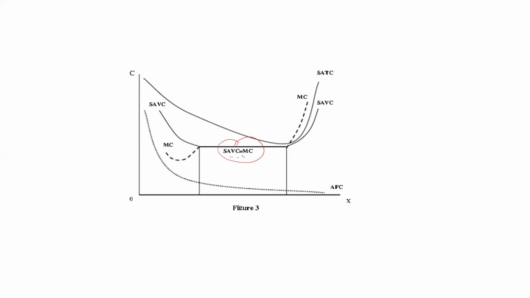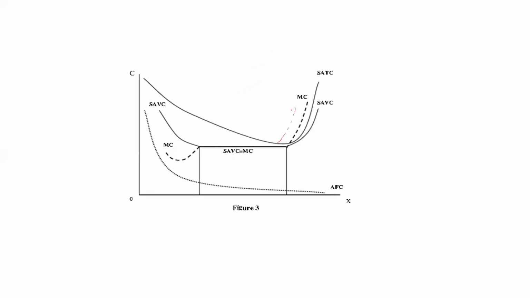So in case of modern theory, it is said that the short run average variable cost curve becomes equal to the marginal cost curve in this case. So these become equal and they remain constant to some extent.